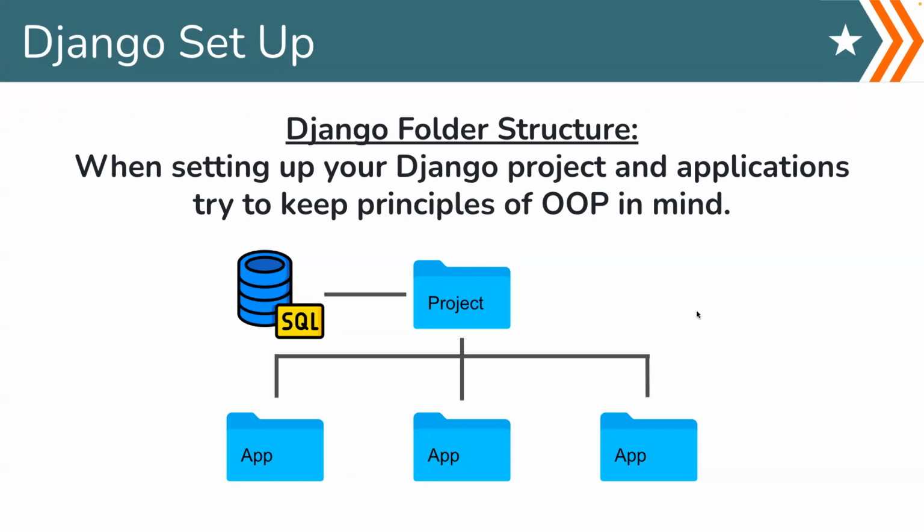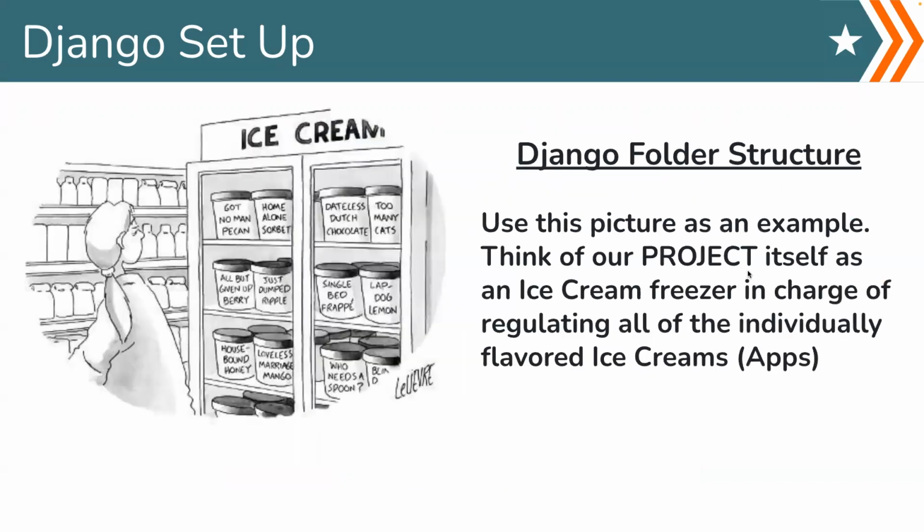One way to think about apps, and I wonder if I have another slide for it. Yeah, perfect. So the Django folder structure. We could use this picture to pretty much think of an application as a freezer, right? And each individual ice cream that's inside of that freezer stands for its own model or portion of the application.